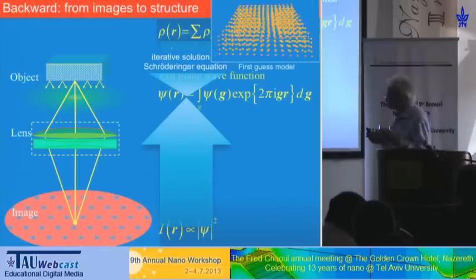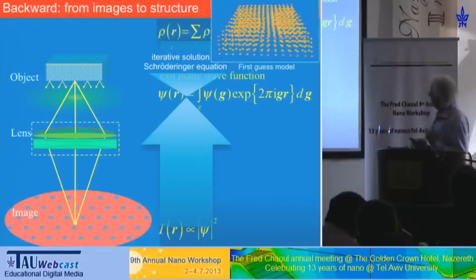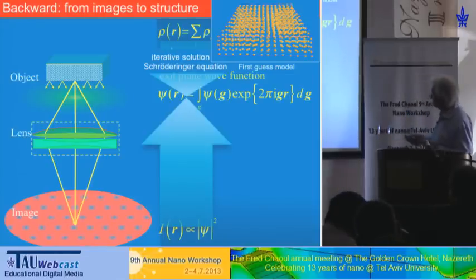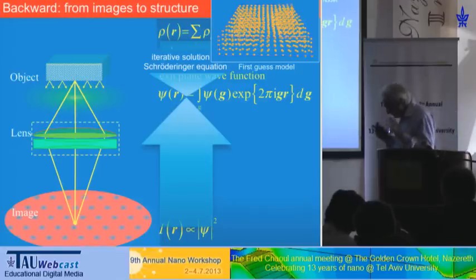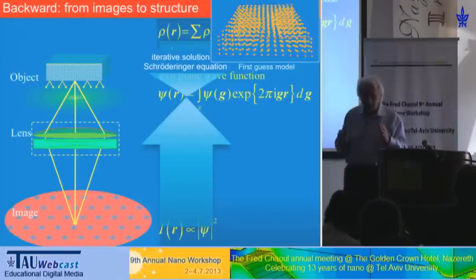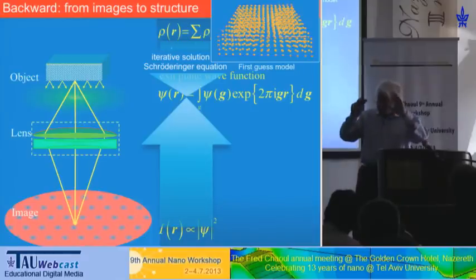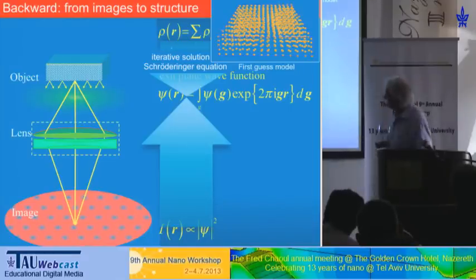For this, we construct a first guess model of our atomic arrangement, and then we solve the Schrödinger equation, try to predict this, and then we just vary the atomic positions until we get a good fit. That's a quite involved procedure, because when you want to do picometer microscopy, you have to adjust the atomic positions of some 10 up to 100 atoms to a picometer.